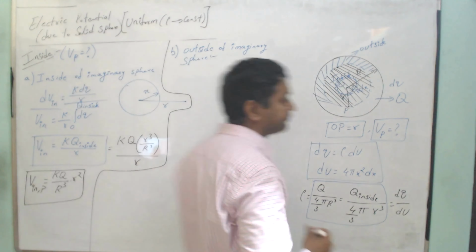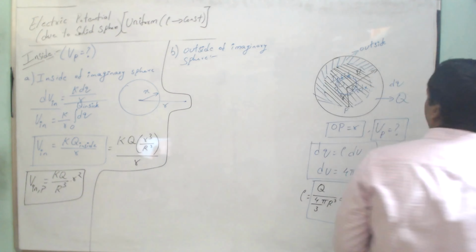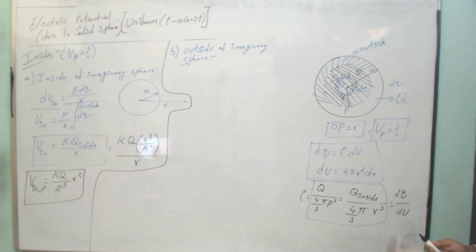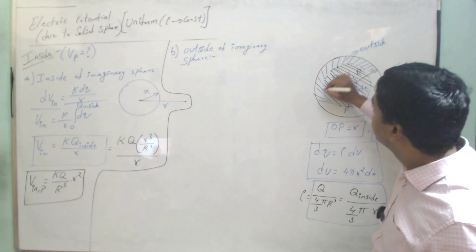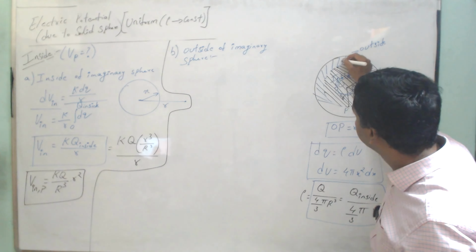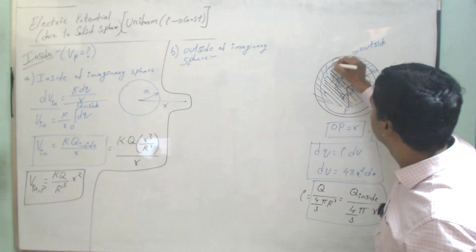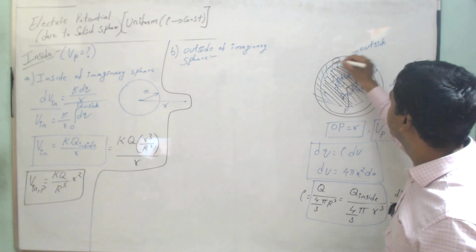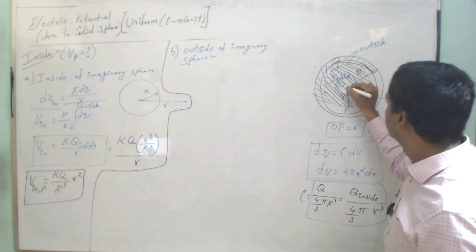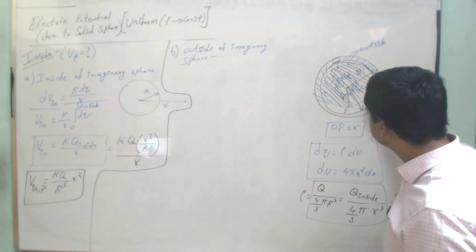Again, I will take a concentric element of, let's say, radius t. So this radius is t.